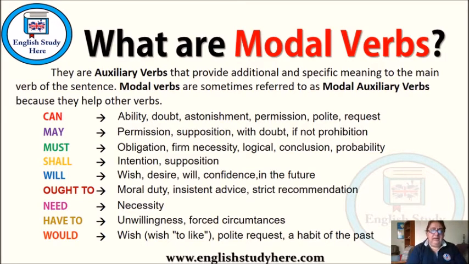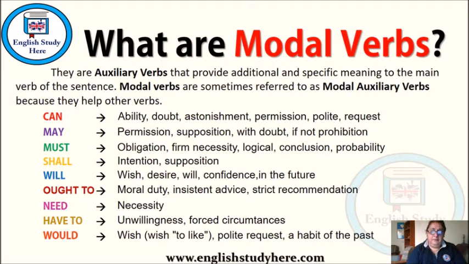When we are using can, it is for ability, doubt, astonishment, permission, politeness, or request. May: permission, supposition, or, if not, prohibition. Must: obligation, firm necessity, logical conclusion, probability. Shall: intention or supposition.